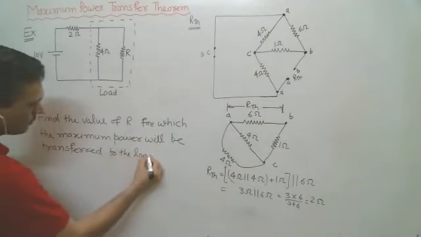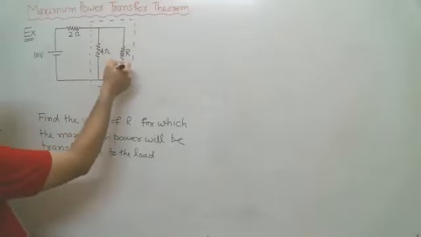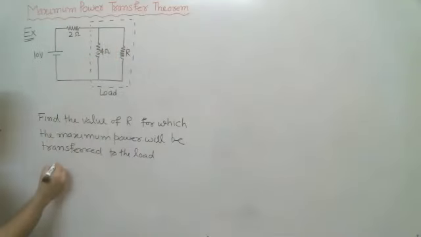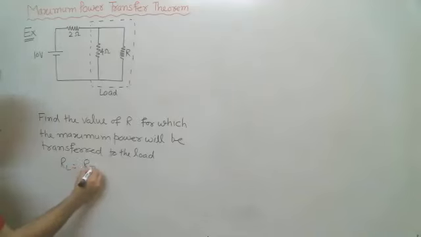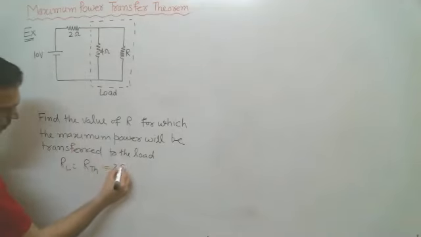4 ohm. So again, you know that RL is equal to RTH. So in this case, what will be RTH? From this circuit, what will be RTH? 2 ohm.